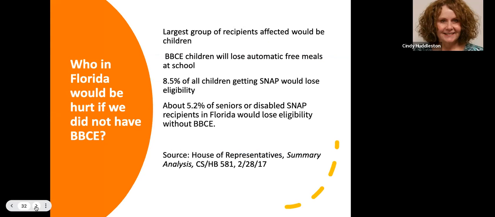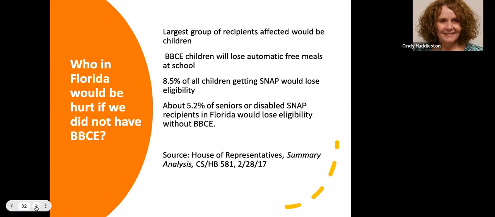Without broad-based categorical eligibility, a study in Florida, which is now several years old and likely undercounts folks, shows that the largest group of recipients affected in Florida would be children if we didn't have broad-based categorical eligibility. More than 8.5% of all children getting SNAP would lose their eligibility.